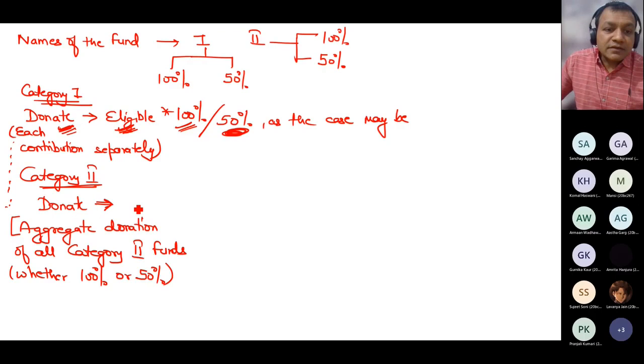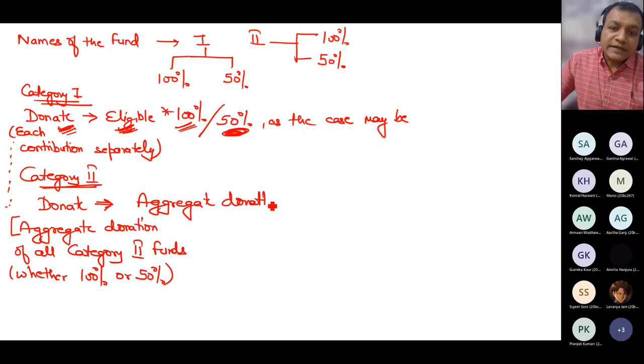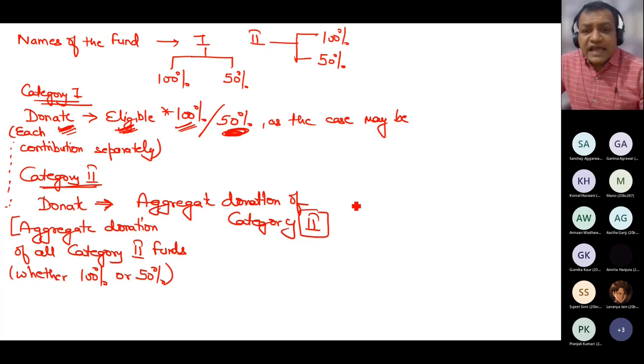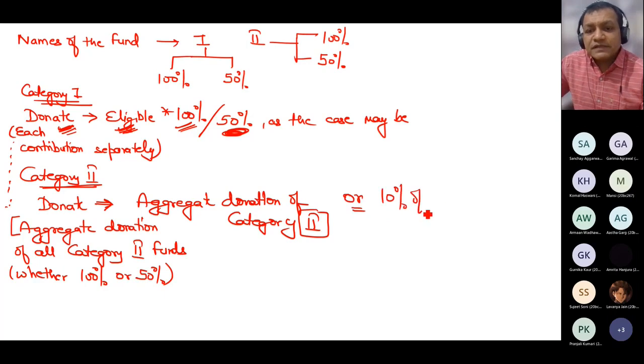So whatever you donate, first of all, you check how much is the aggregate donation of category 2. This aggregate donation will be compared with 10% of adjusted total income.